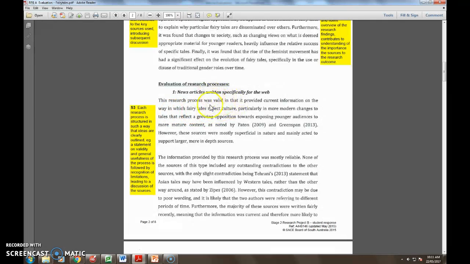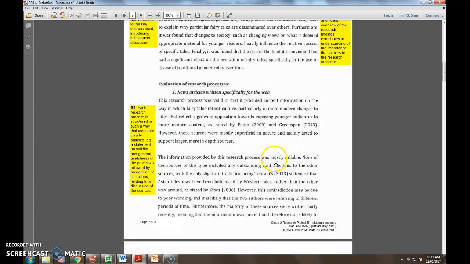They've made a judgment call about the usefulness of this information, which is a really good start. However, these sources were mostly superficial in nature and mainly acted to support larger, more in-depth sources. So again, they've told me how this information linked with other information, and they've made a judgment call on how valid or how valuable this information was.